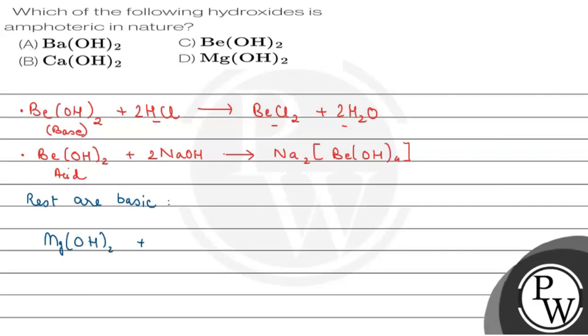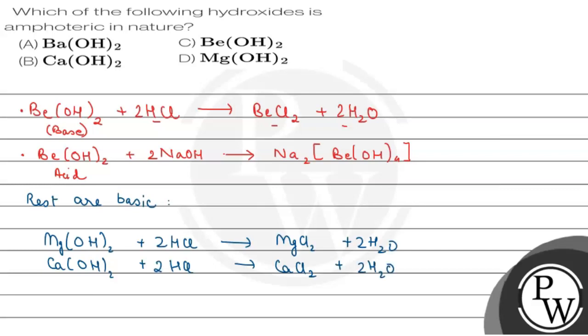Mg(OH)2 plus HCl to give magnesium chloride, salt plus water. Similarly, calcium hydroxide plus HCl to give calcium chloride plus water.